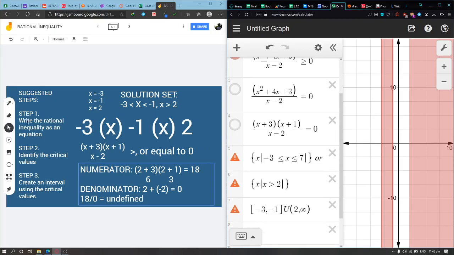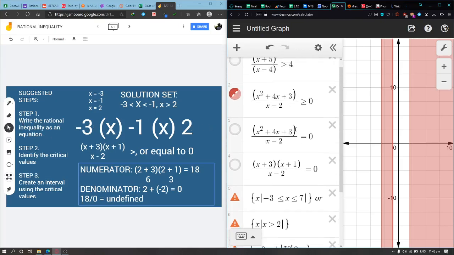Again, the first thing you do, write the rational inequality as an equation. So, we will solve it.